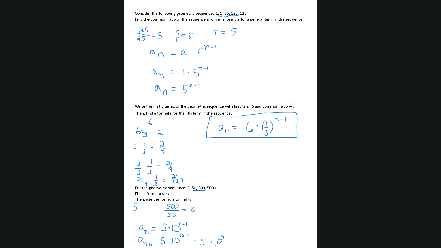And 10 to the 9th is 1 followed by 9 zeros. And 5 times that is 5 followed by 9 zeros. So that is the 10th number in that sequence.